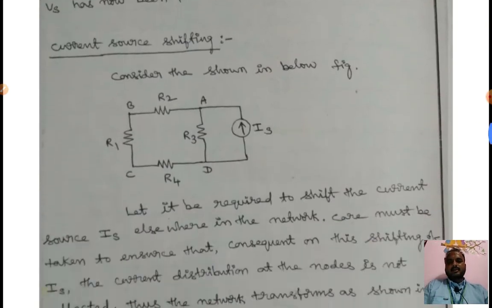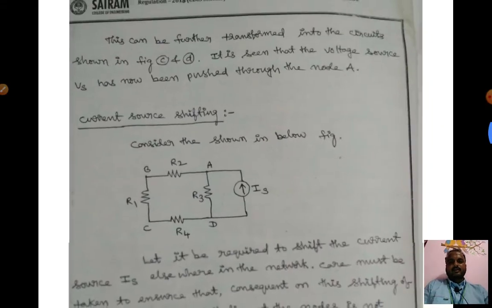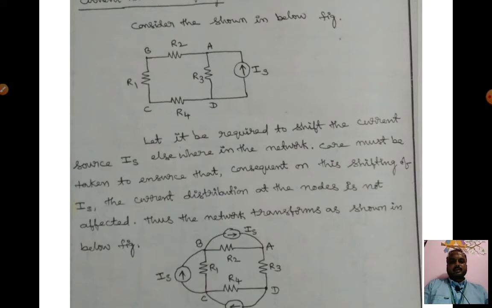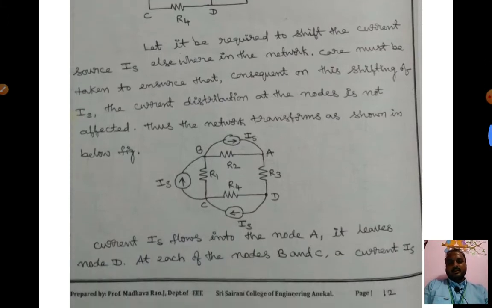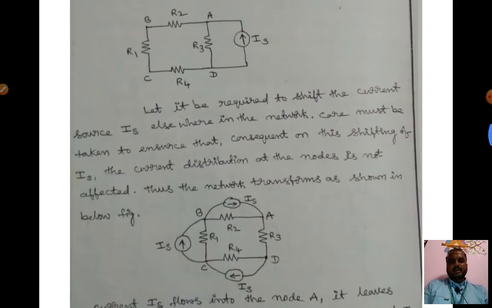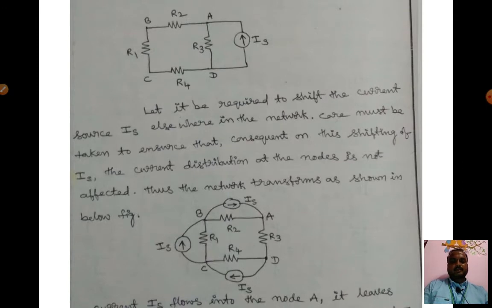Next, current source shifting, as shown in this figure. Consider a circuit having four resistors R1, R2, R3, R4 connected to a current source. Here we are converting the source.